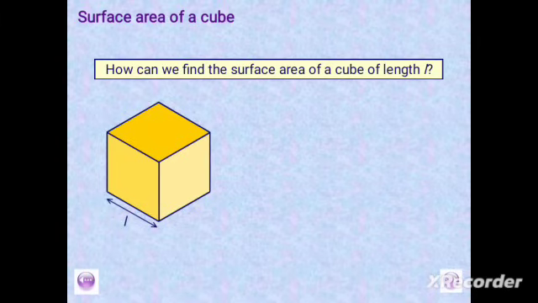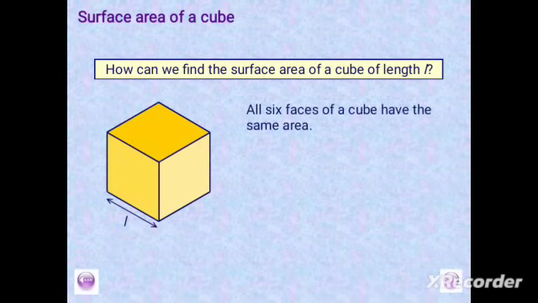And now, moving to surface area of a cube. Let's be guided by this example. How can we find the surface area of a cube of length L? We have that all 6 faces of a cube have the same area.